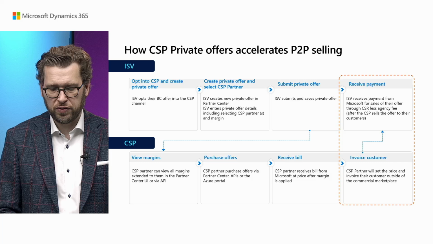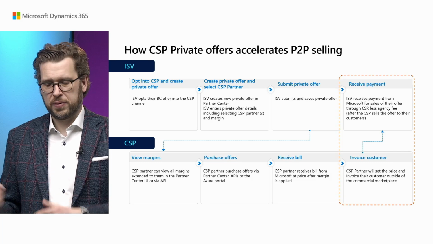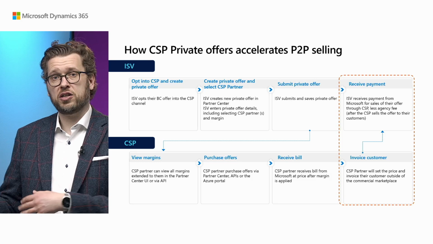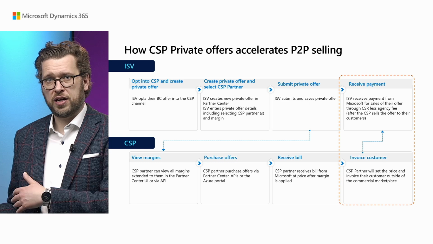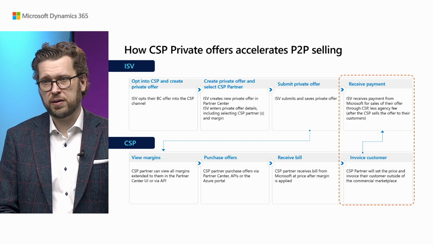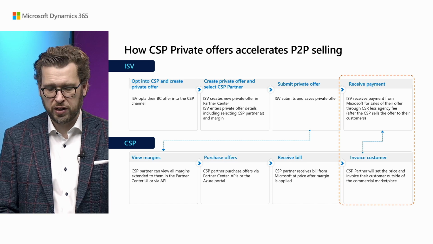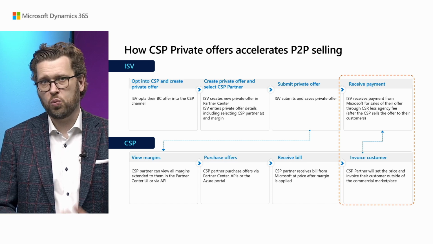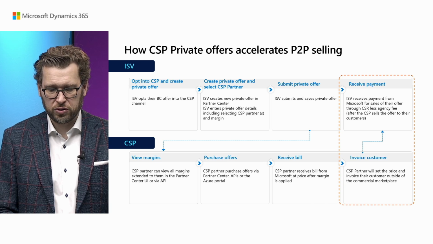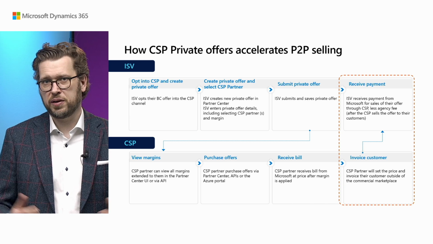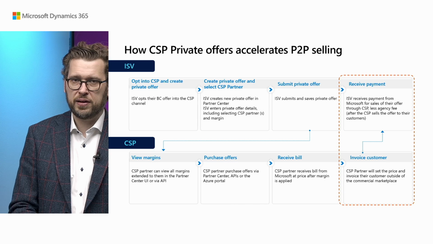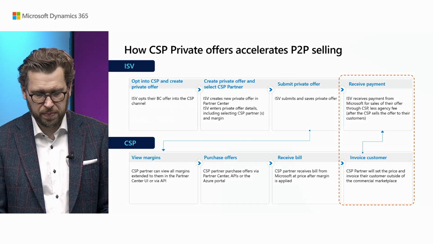And then the publisher will receive payment from Microsoft, and then the CSP direct bill partner can then charge the customer outside of the CSP marketplace. That's what Kurt showed as well. That's completely independent from how this is working, and they can choose what price they want to set according to the customer. But it's probably going to be the same or less than the public AppSource price for that plan.